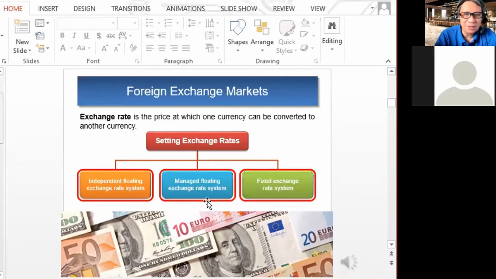Managed floating exchange rate system. There is a participation of the government in managing the exchange rate. The government doesn't want the currency to devalue so much against another currency. Just like in the Philippines, I mentioned before. Ayaw nating masyadong tumataas yung dollar.